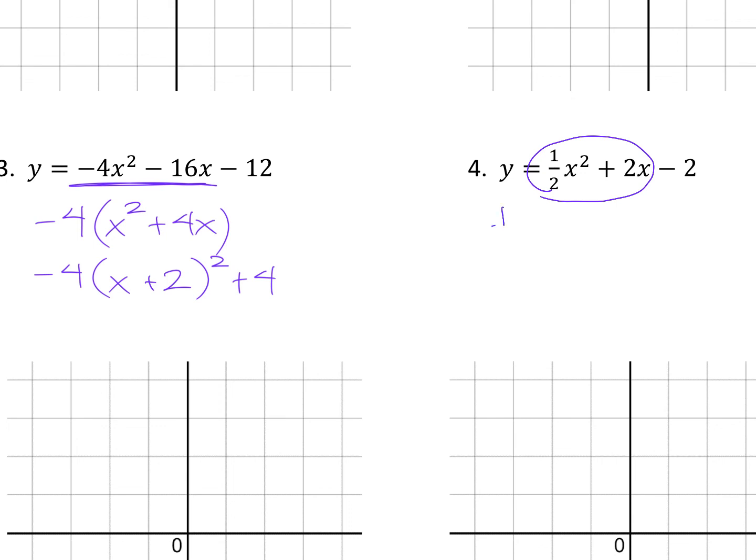So when I pull the 1/2 out, this gives me x squared plus 4x, because it doubles that. It goes the other way. When I force that to factor, it's going to be an x and a what? 2 squared. 2 squared gives me 4. Half of 4 is what? 2, but I need it to be a negative 2. So what do I do? Minus 3. Minus 3. Okay?